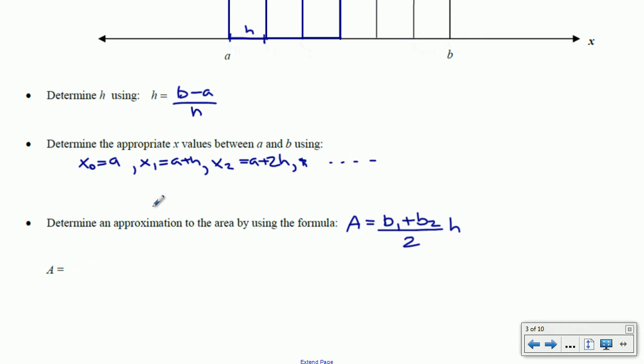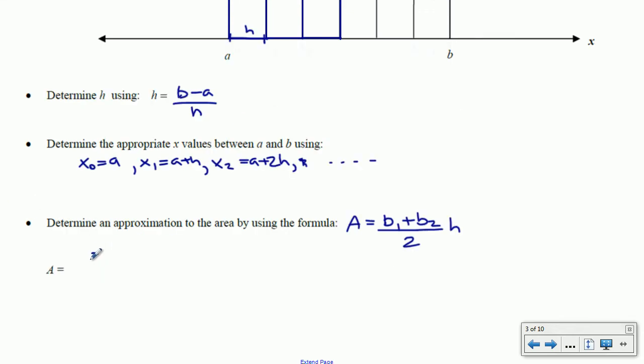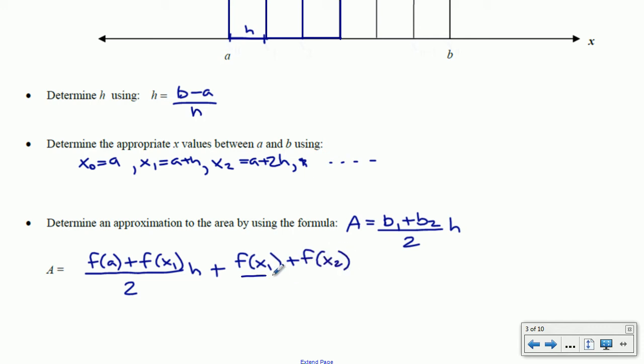So first off, we can use these values for y, and we're going to go between a and a plus h. So first off, we're going to have f at a plus f at x1, so that's a plus h. Divide that by 2, multiply that by h. And then we need to add the second trapezoid, which will be given by f at x1 plus f at x2 divided by 2 times h.